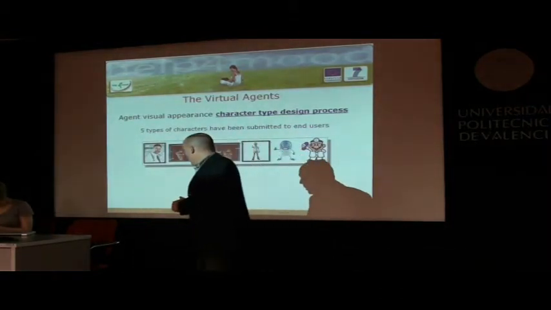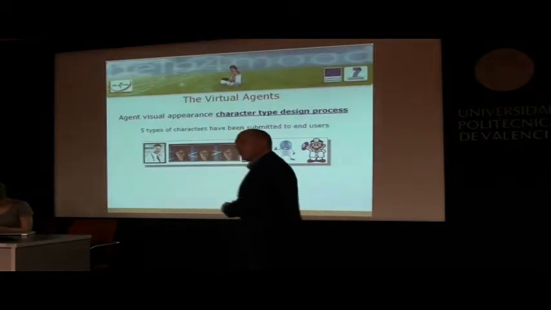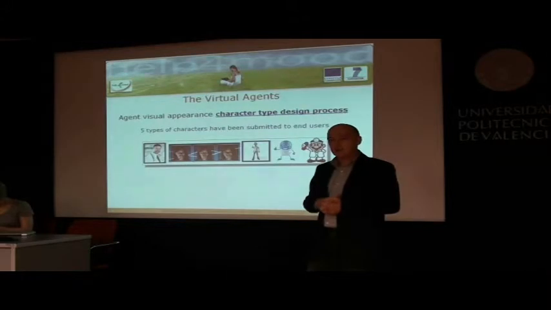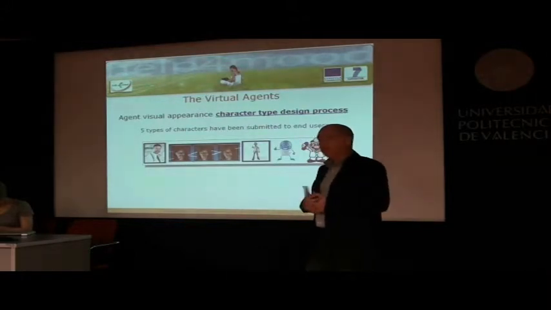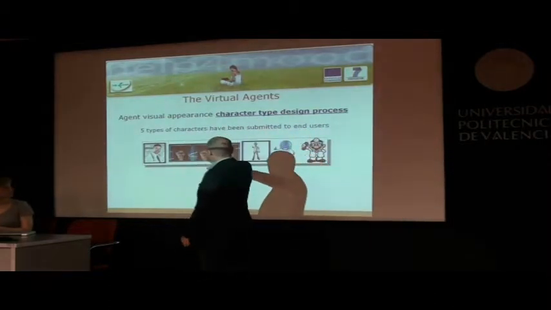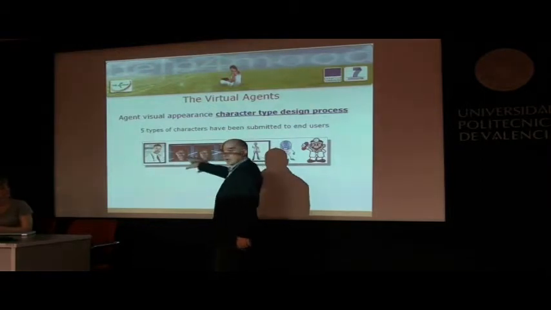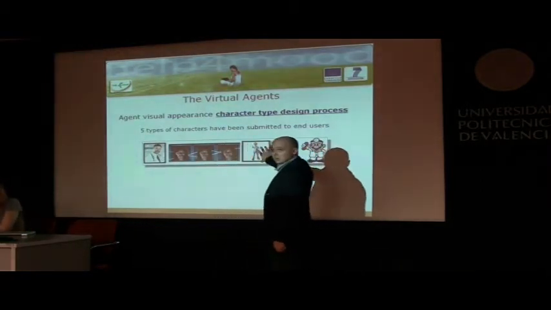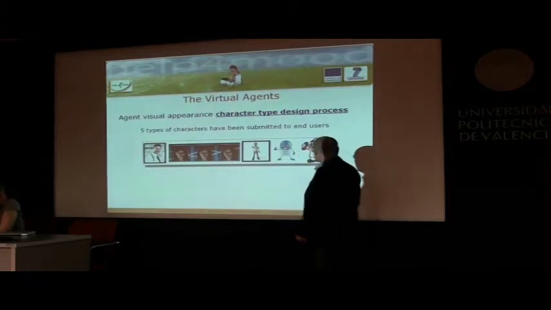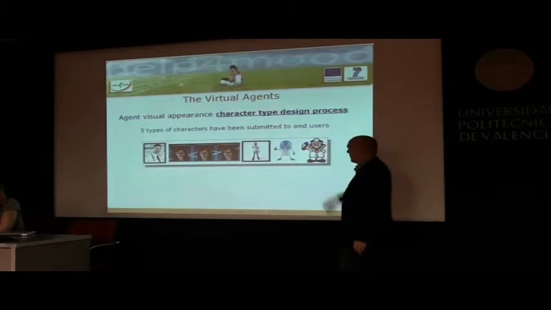Next. Now let's go to the virtual character. First of all, we have to understand what this particular kind of user would accept. So what kind of virtual agent? A real person, a very realistic 3D character, a 3D cartoon style character, an object like a talking pill, a very funny kind of character, or a 2D cartoon.